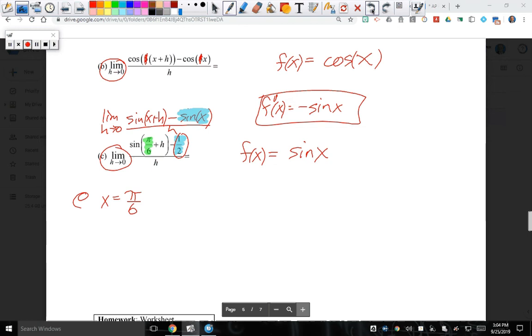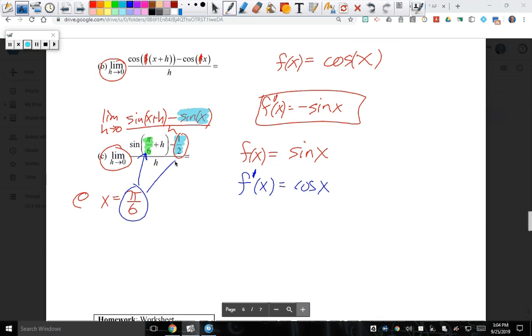You all see it? So sine of x is f of x. So what do I do next? Take the derivative. What is it? Cosine of x. What do I do next? Plug in pi over 6. That's the difference, guys.